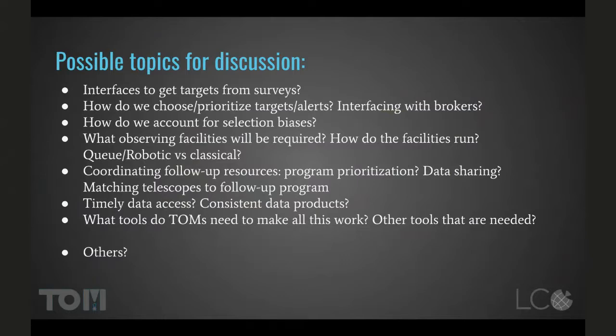Okay, we have some feedback from the Blue Jeans channel, so I will try and relay what they're saying. From Shri Kulkarni, the P60 SEDM is now an intelligent telescope. You can send objects directly to the telescope and can have a pool of targets for routine observations.